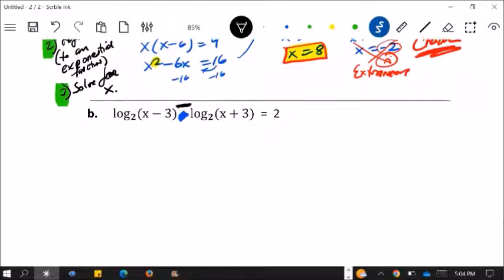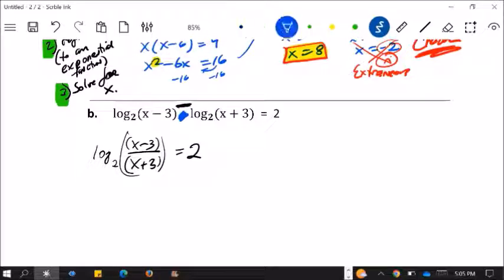Welcome back. With this being a negative, we are going to do log base 2 of (x minus 3) over (x plus 3) equals 2. And actually, that's this whole thing.